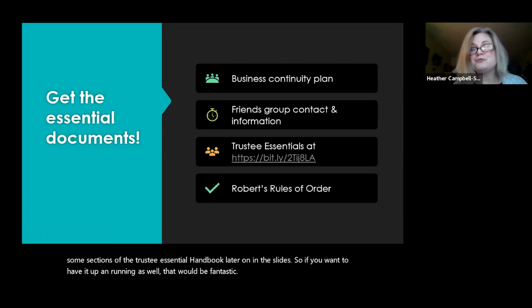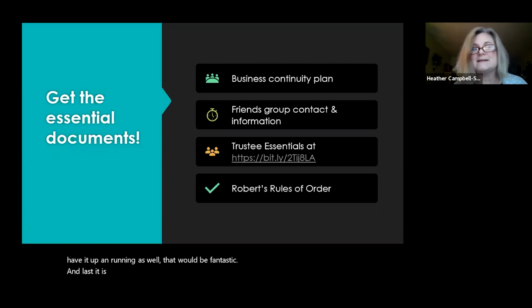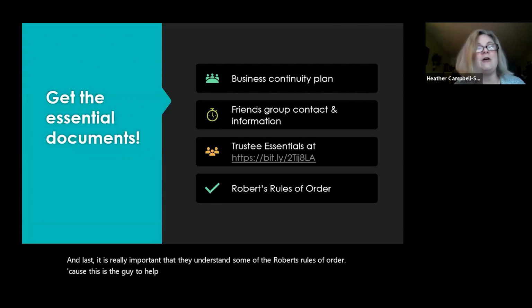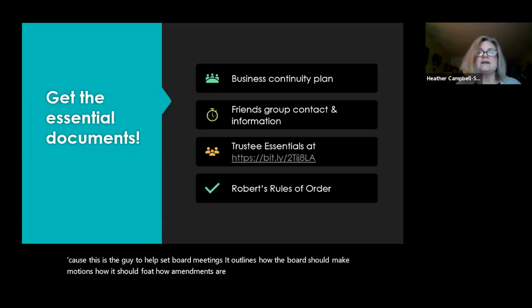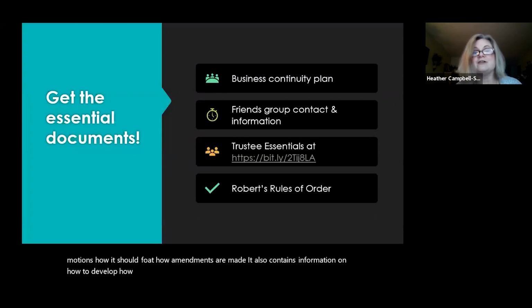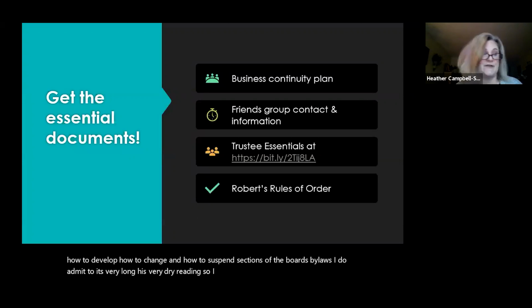And last, it is really important that they understand some of the Robert's Rules of Order, because this is the guide to help set board meetings. It outlines how the board should make motions, how it should vote, how amendments are made. It also contains information on how to develop, how to change, and how to suspend sections of the board's bylaws. I do admit it's very long, it's very dry reading, so I would recommend a condensed version.